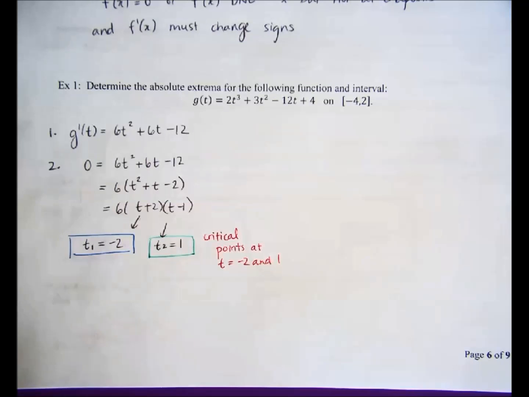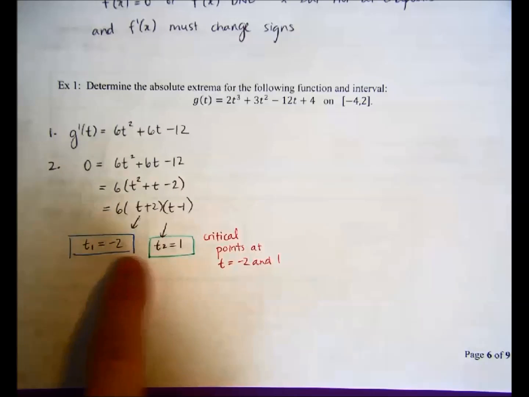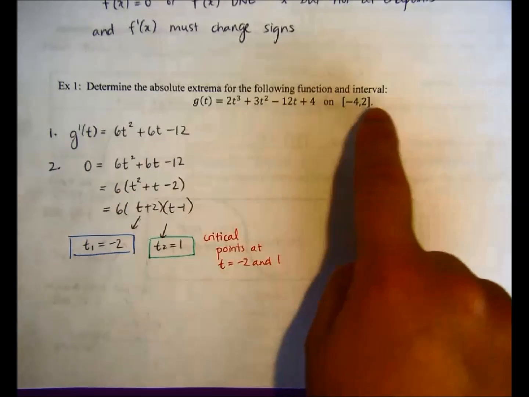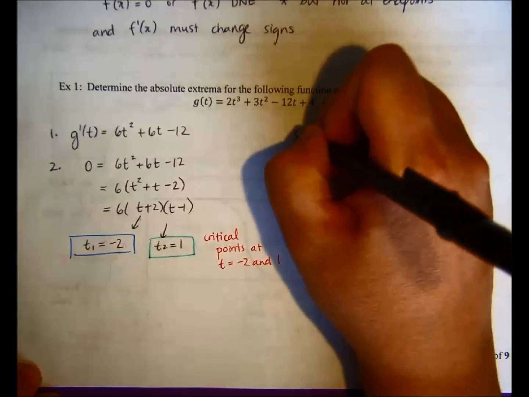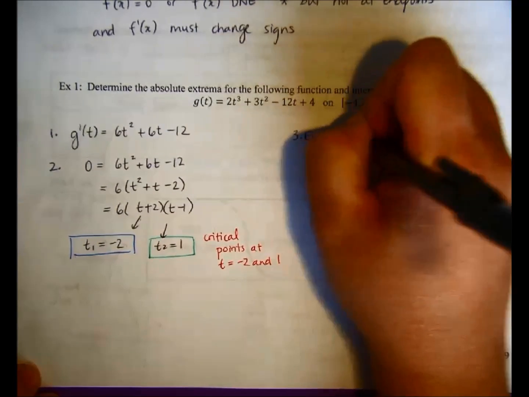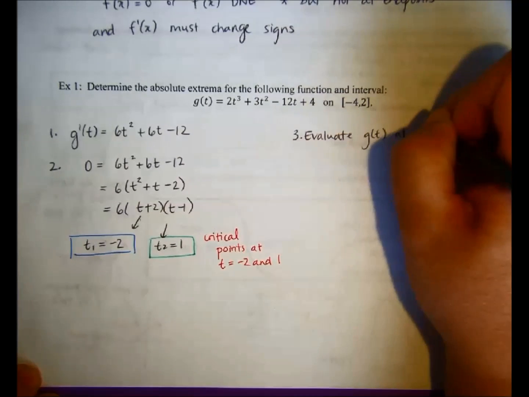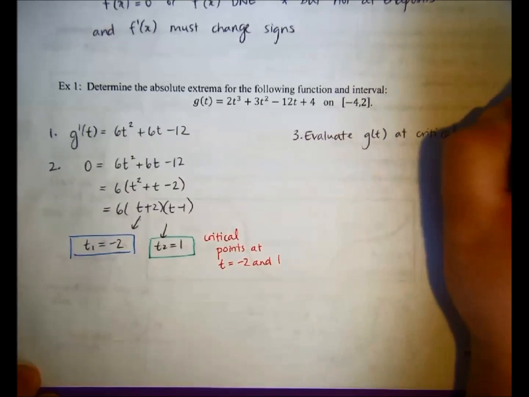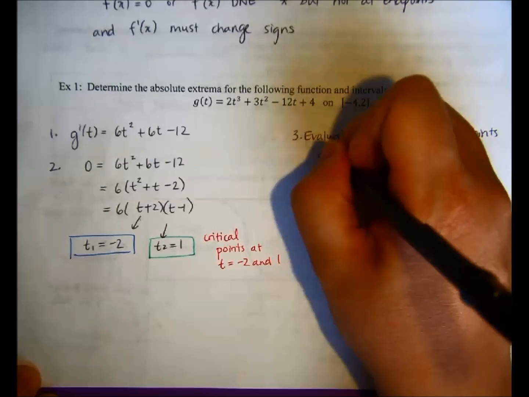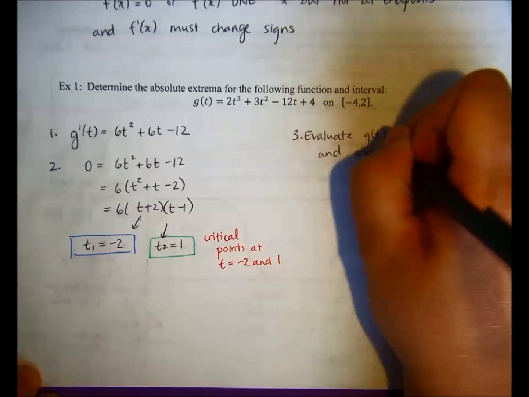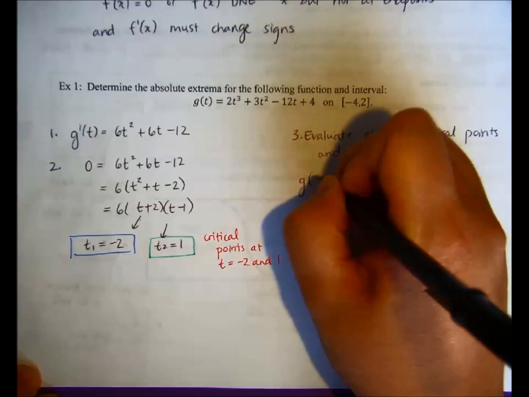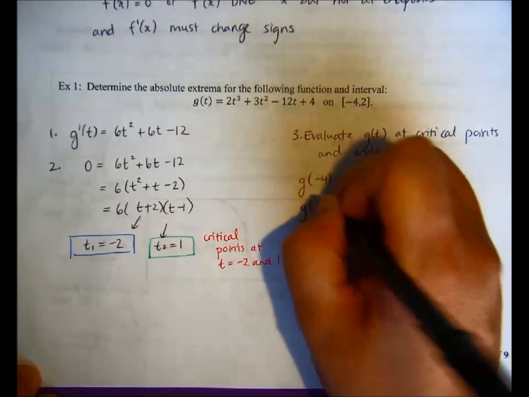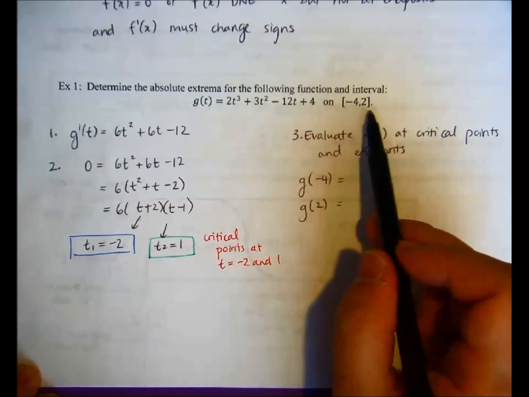So our next step is going to be to evaluate our function value at the critical points, as well as these two endpoint values. So we want to figure out g of -4, g of 2, those are our two endpoints up here.